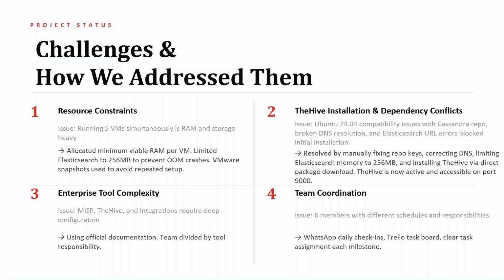We walked through each problem one by one, fixing the repo keys, correcting the DNS configuration, adjusting the Elasticsearch memory settings, and finally downloading TheHive using the correct direct package URL. TheHive is now fully installed, the service is active and running, and port 9000 is accessible from the Kali.